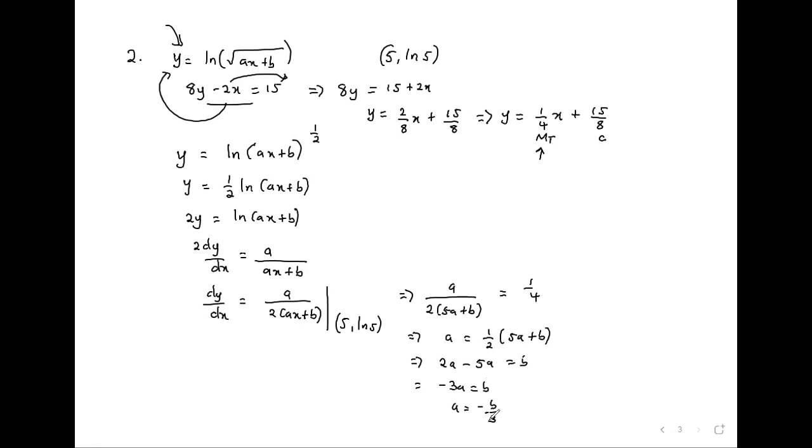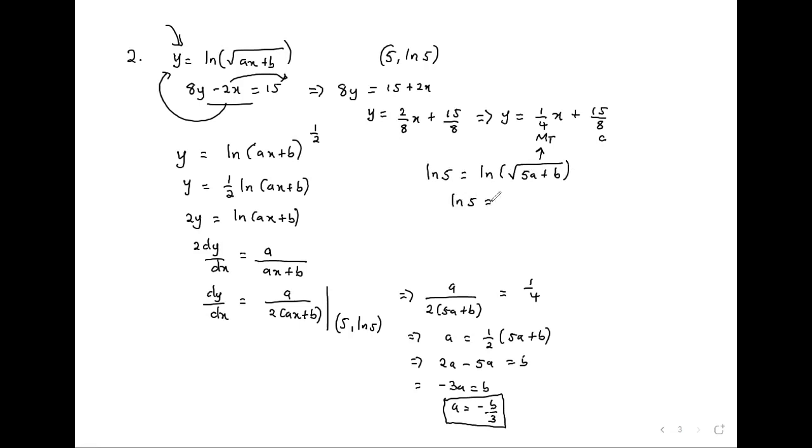So we have this equation here. Another equation will come from the fact that ln 5 should be the same as ln the square root of 5a plus b. Now this is the same as ln 5.